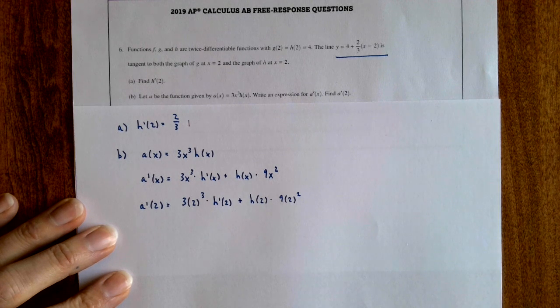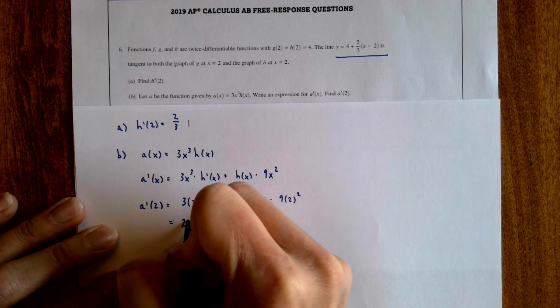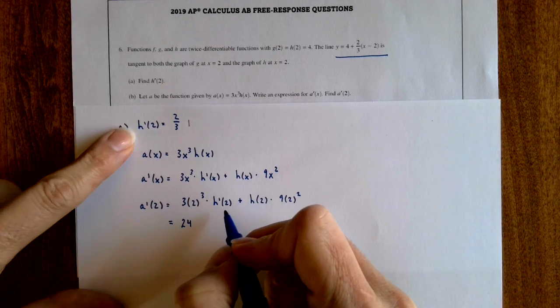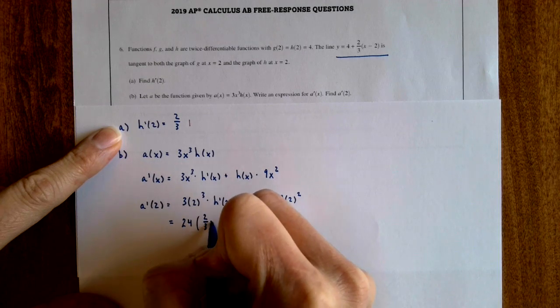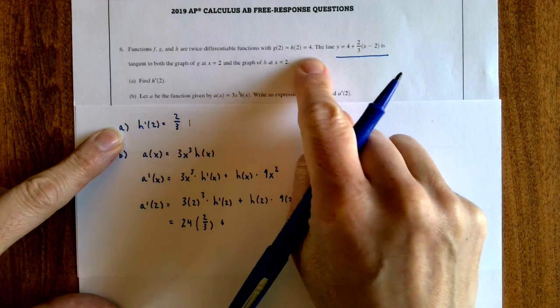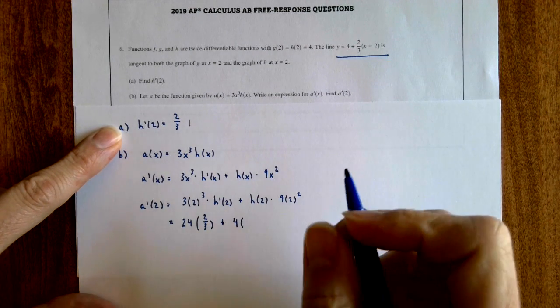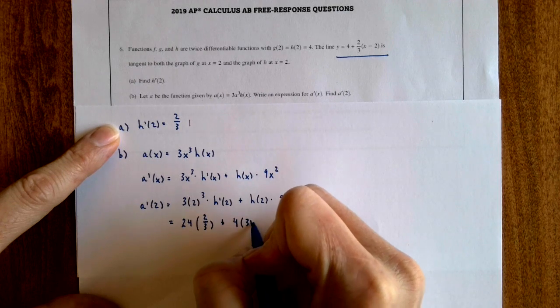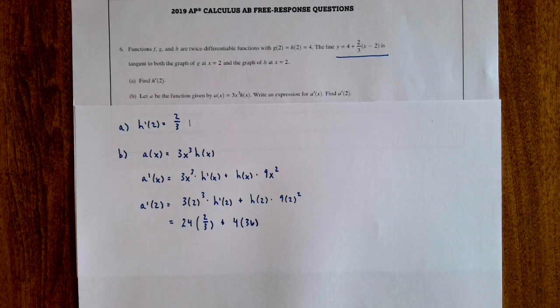All right, let's see what we've got here. 2 cubed is 8 times 3 is 24. H prime of 2, we just did that in part A. We know that's 2/3. H of 2, they told us here that h of 2 is equal to 4. And then 4 times 9 is 36. I can just use my calculator to simplify that. Everything on this year's exam, you'll have access to a calculator.